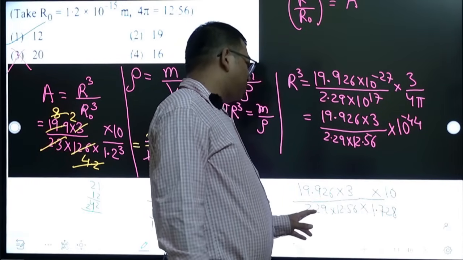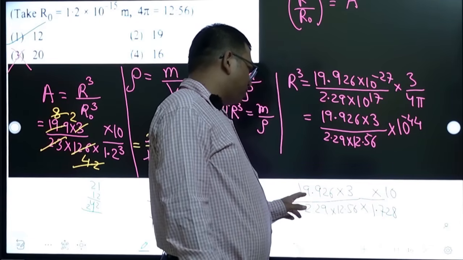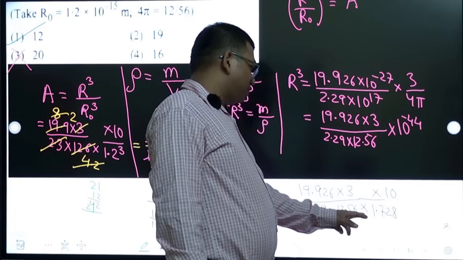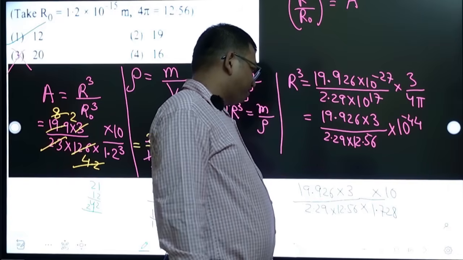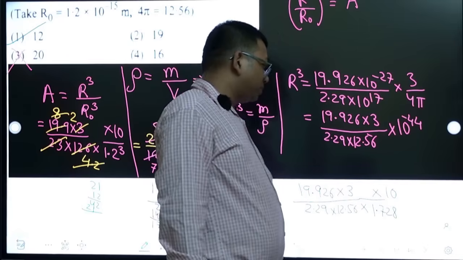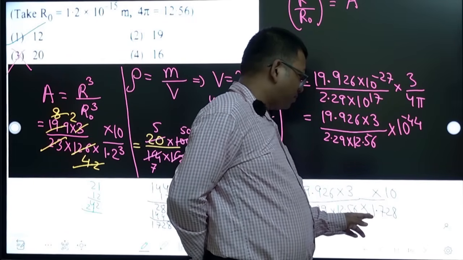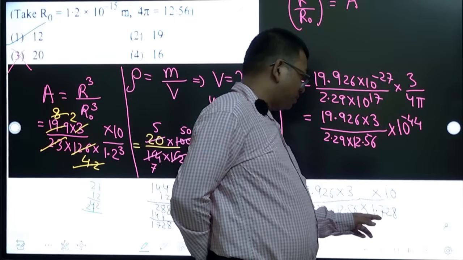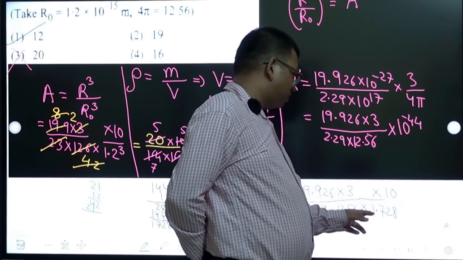Now after this, what can we do? Suppose this is 1.728. Is it going to cancel with this? Suppose I take, how many times should I take this? Suppose I take 5 times. 5 into 7, 35. 5, 1, 6, 7, 8. 6 times 7, 6, 42. 4. 6, 1, 6.